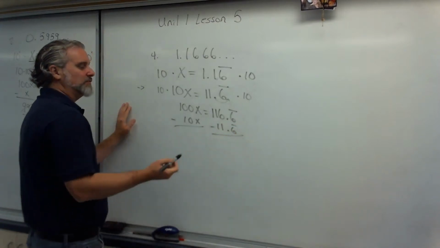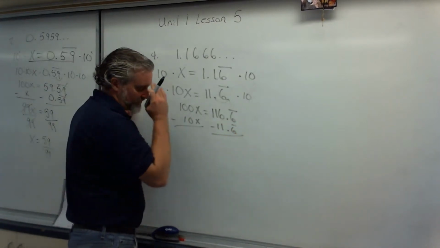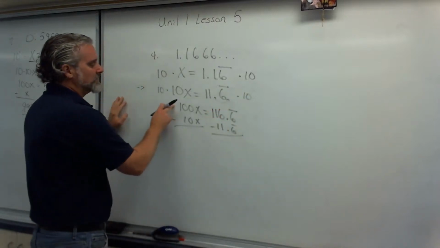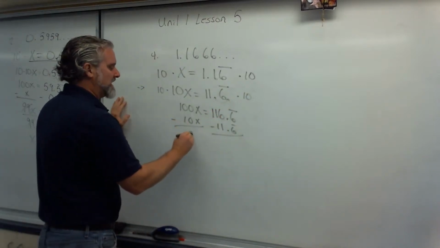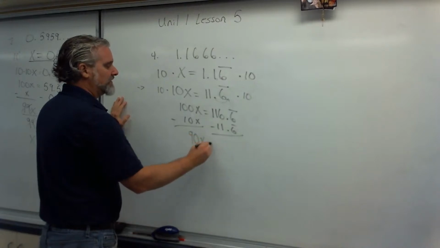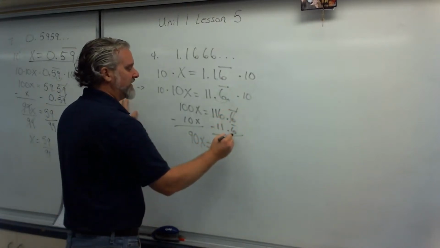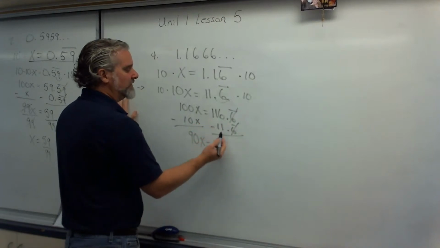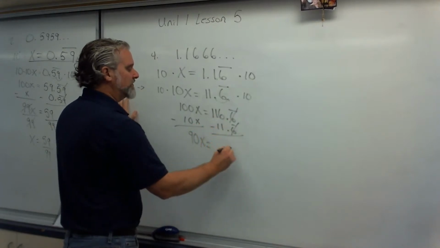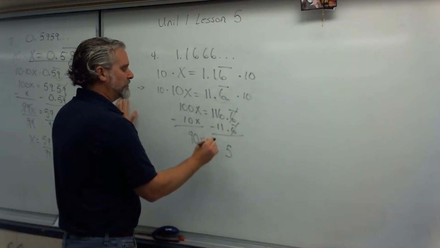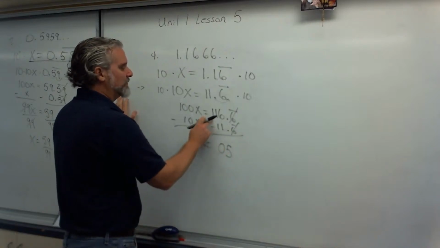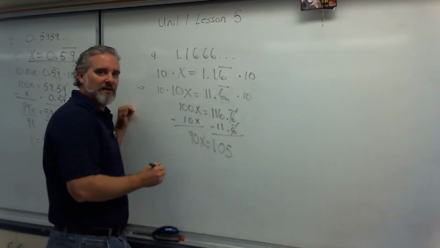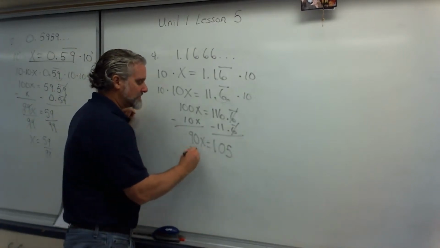And anytime you're subtracting decimals, always line up the decimal point. 100 take away 10 is 90. 90x equals, our 0.6's cancel out. And now we have 116 take away 11. 6 minus 1 is 5. 1 minus 1 is 0. And the 1 doesn't have anything below it, so we just bring it on down. So now we have 90x equals 105.